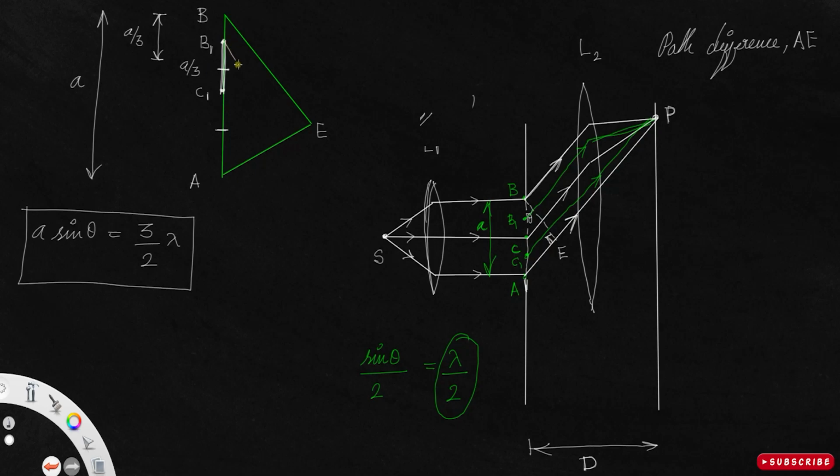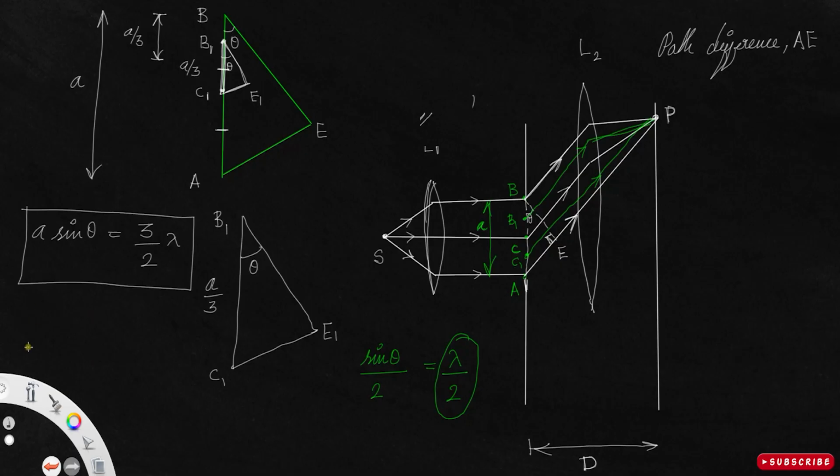And I can draw parallels to these two lines and get another triangle, BE1. If this is theta, this also is theta. Let me zoom in on this triangle B1, C1 and E1. This one is theta and this is A by 3.